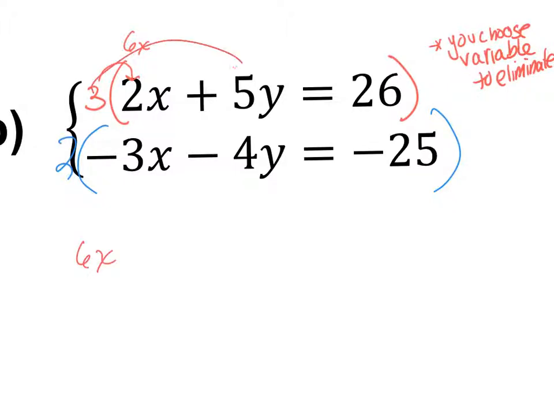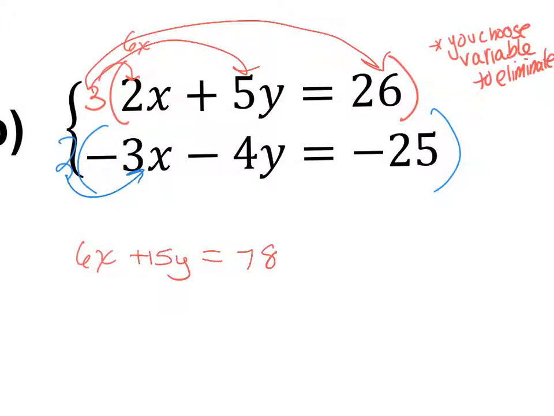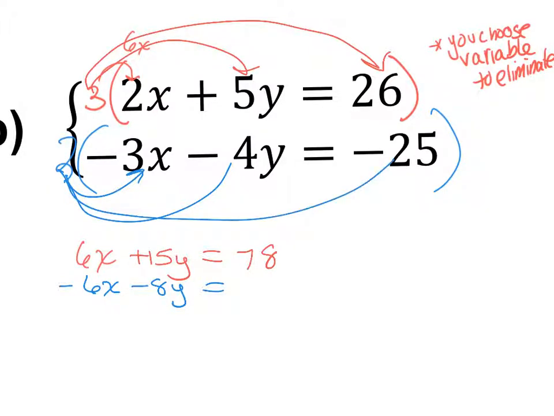Then you have 3 times 5y is 15y. That's going to equal 3 times 26, which is 78. Now I distribute the 2 to the second equation. 2 times negative 3 is negative 6x. 2 times negative 4 is negative 8y. 2 times negative 25 is negative 50.